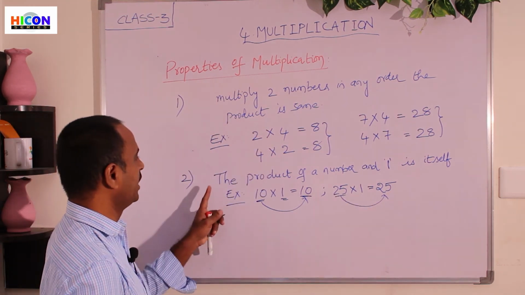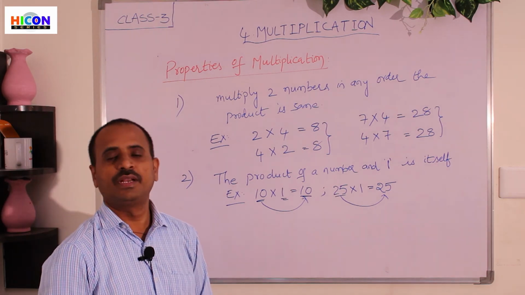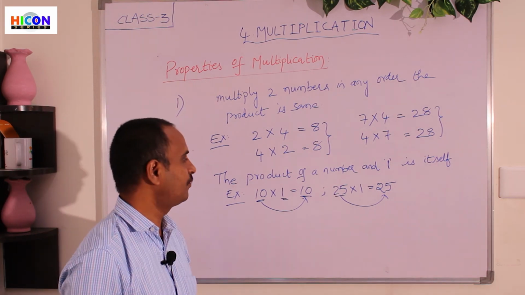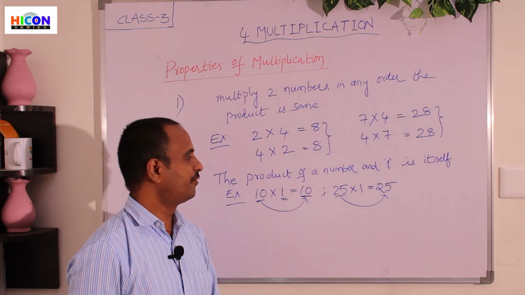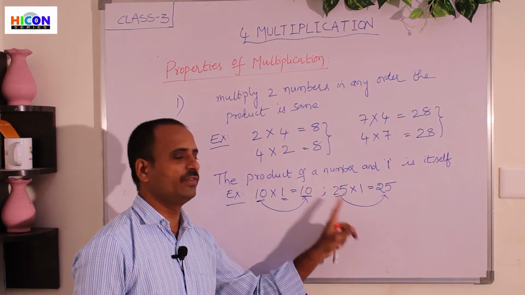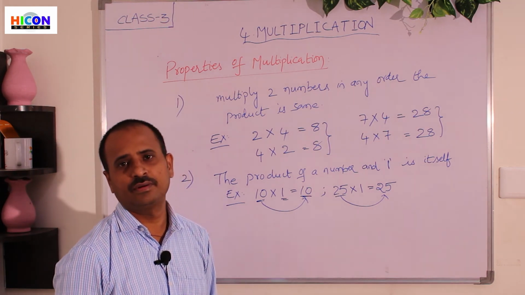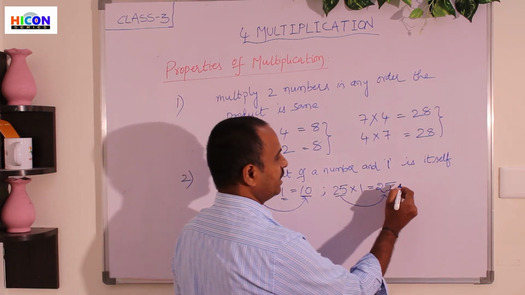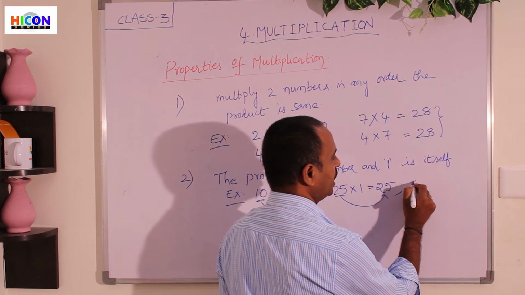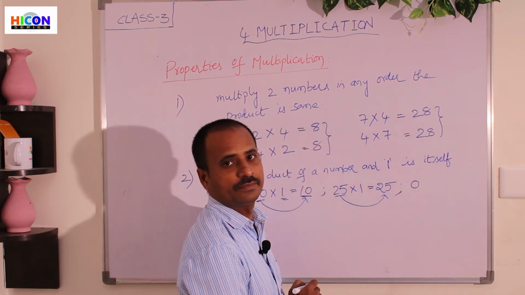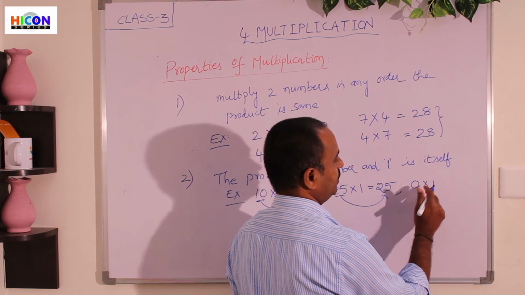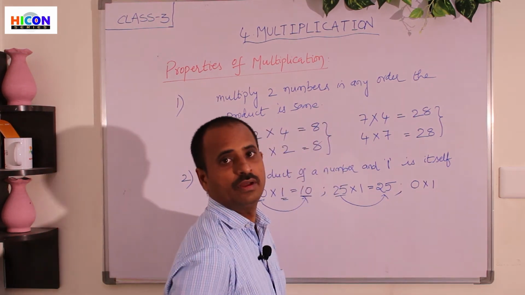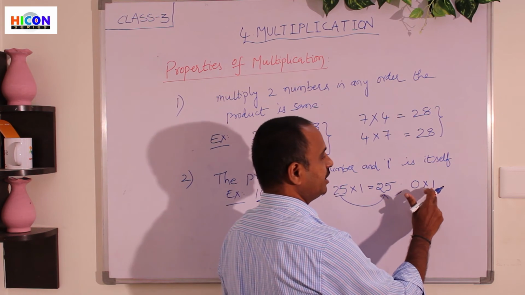So this is the meaning of the second property. The product of a number and 1 is itself. If you multiply any number with 1, you will get the same number. Children, I will take another example. For example, I will take 0 and multiply 0 with 1.